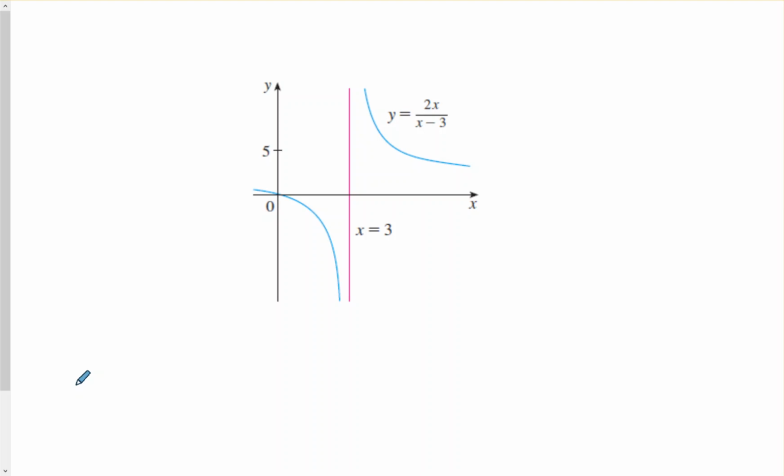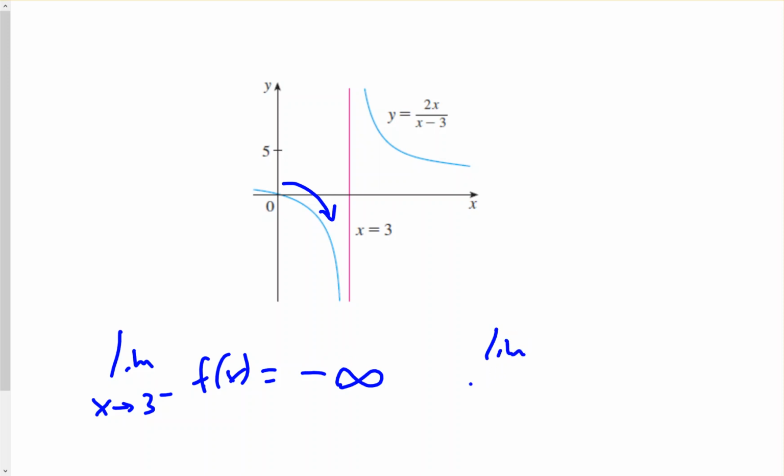If we look at the graph of 2x over x minus 3, we see that the limit as x approaches 3 from the left of our function looks like we're going infinitely in a downwards direction, so that's going to be negative infinity.